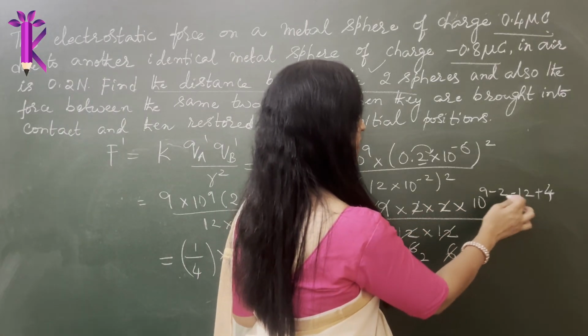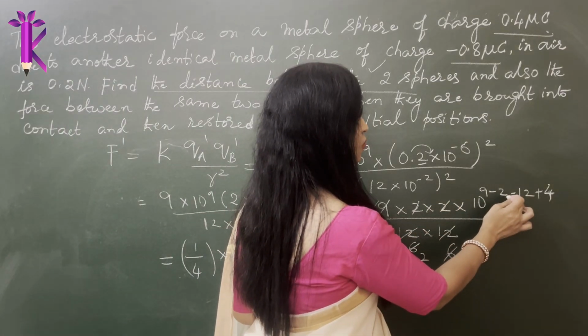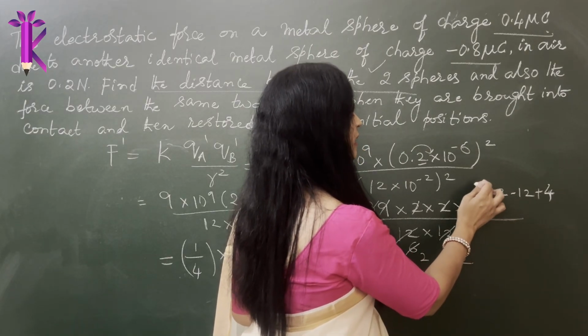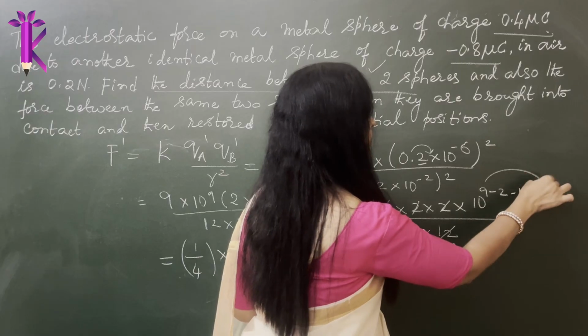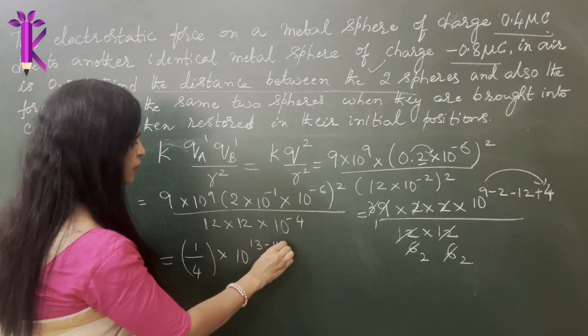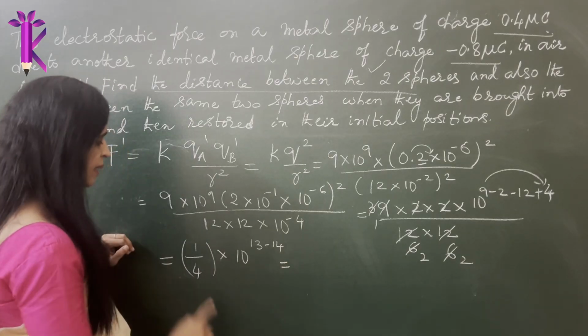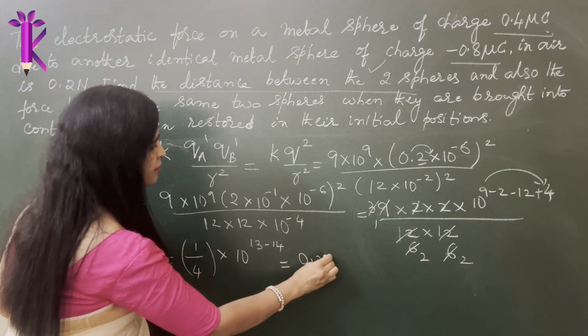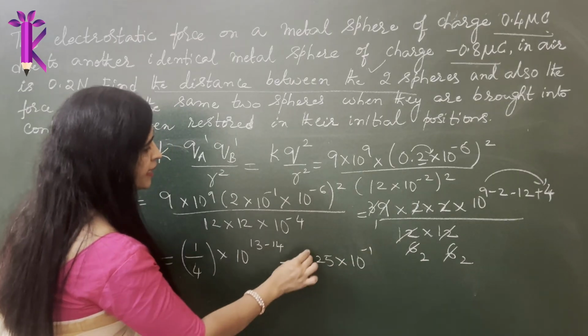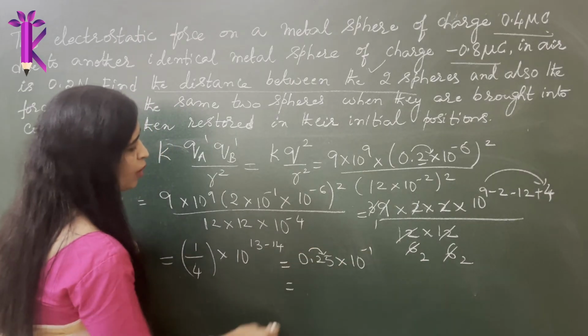You have minus here. Let's do this first. Minus 2 minus 12 is minus 14. Minus 14, 9 plus 4 is 13. So therefore 13 minus 14, 1 by 4 is 0.25 into 10 to the power of minus 1. Let's shift the decimal point to the right.